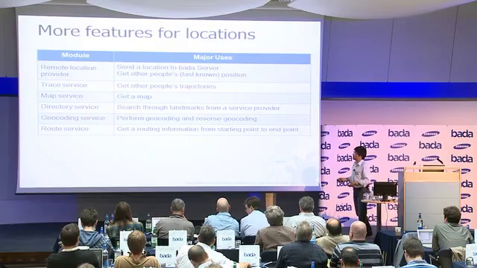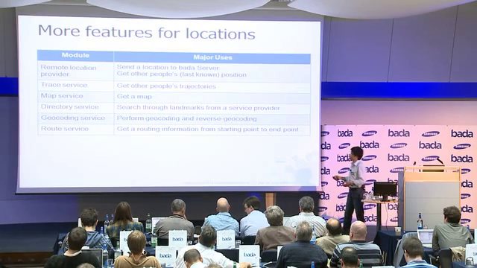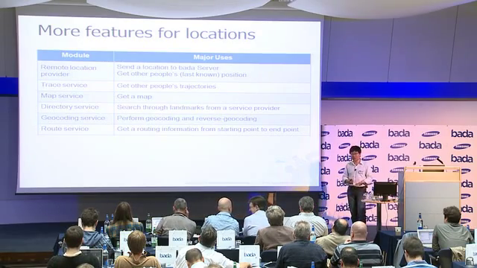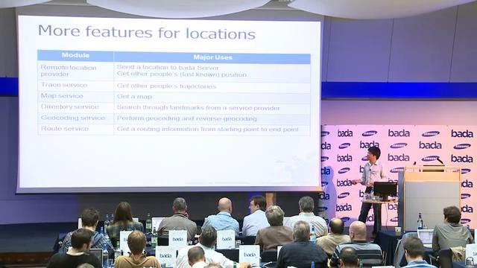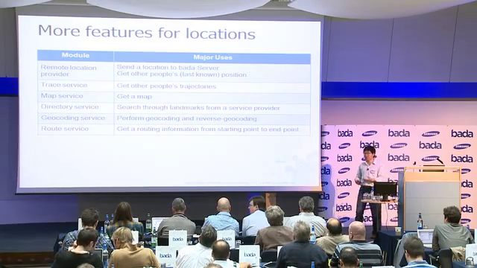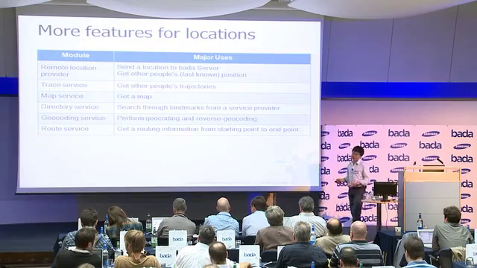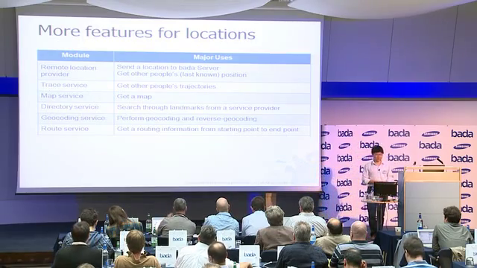And then we also have a directory service, where you can search the landmarks through the service provider. And then we have the geocoding service. You can do geocoding and reverse geocoding. And they also have a route service, so you can find the route from point A to B. So these services are all available from bada, but not covered in my presentation today.